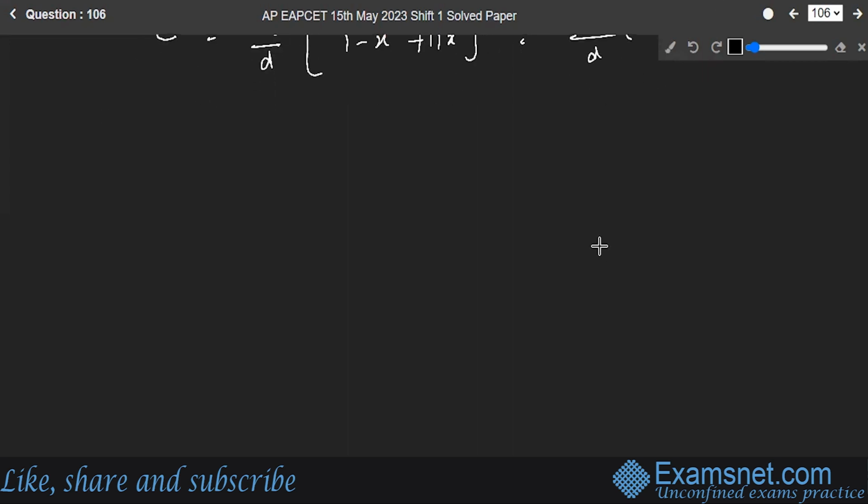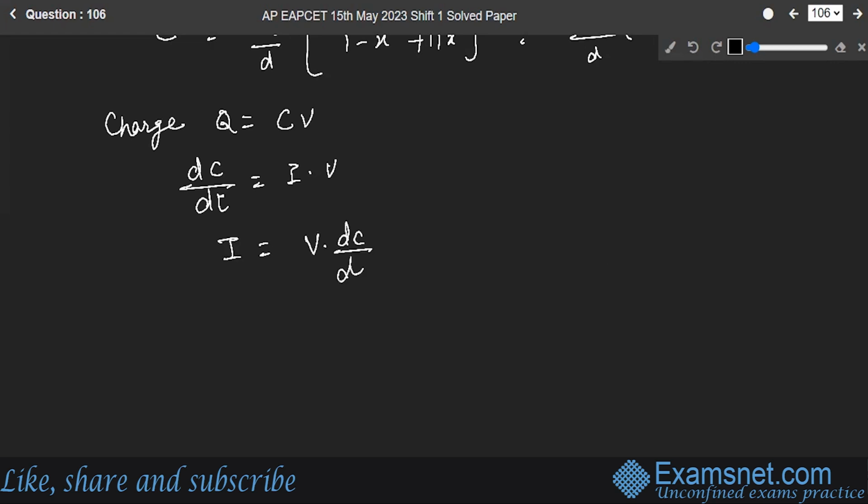Now the charge is given by Q is equal to CV, and the current is given by dC upon dt into V, or you have I is equal to V into dC upon dt. From here, I will take the current.